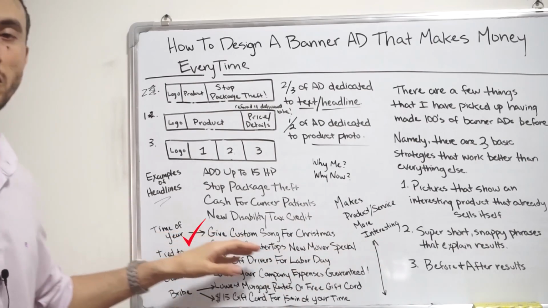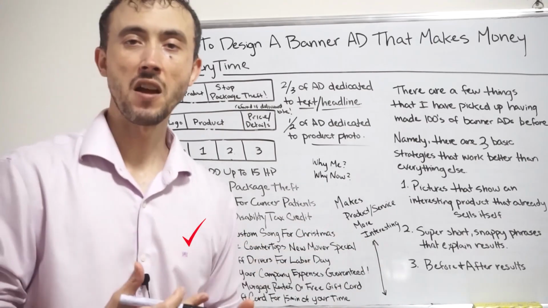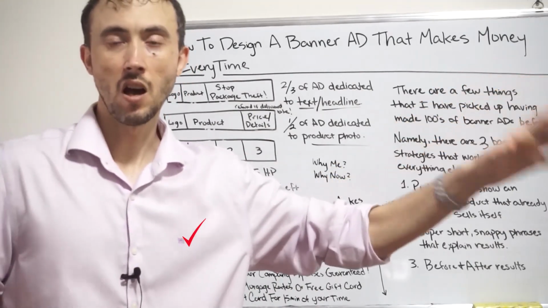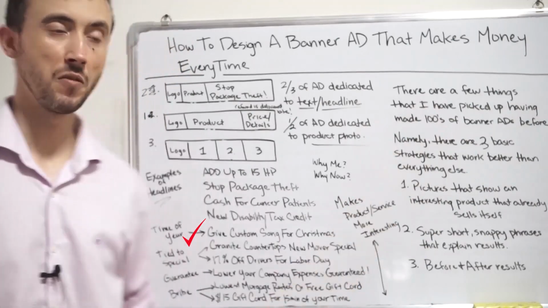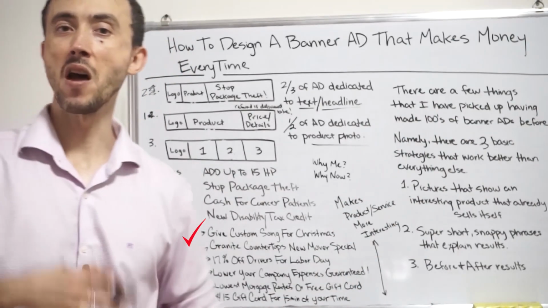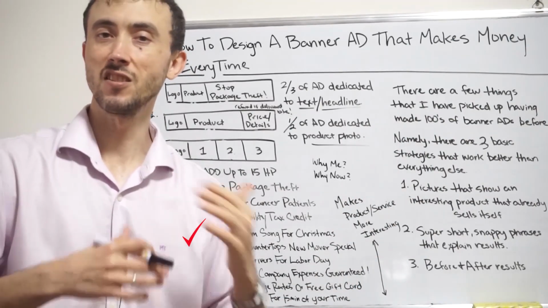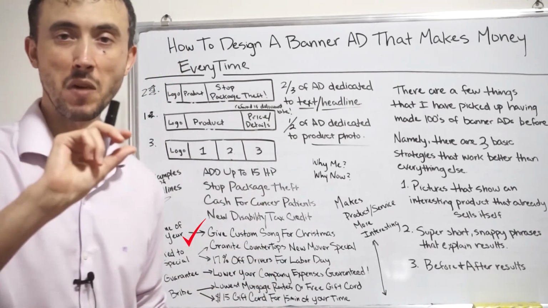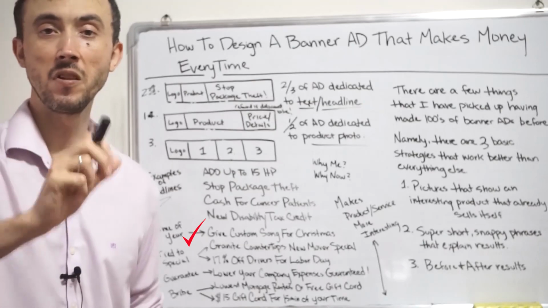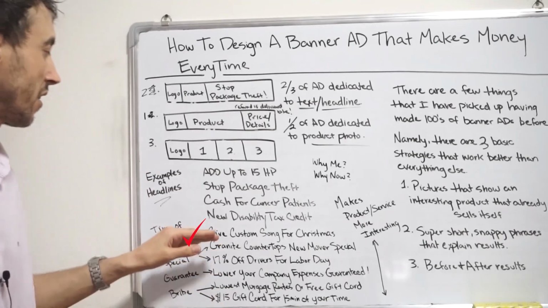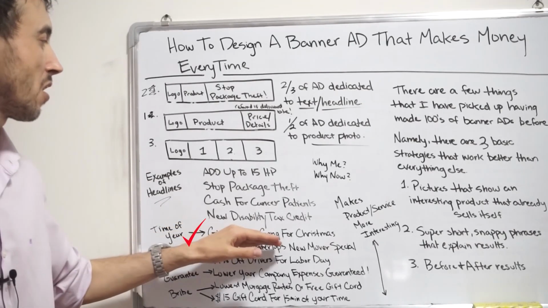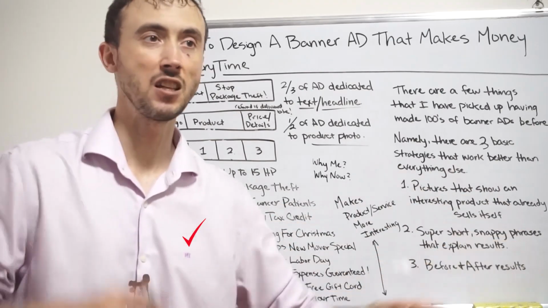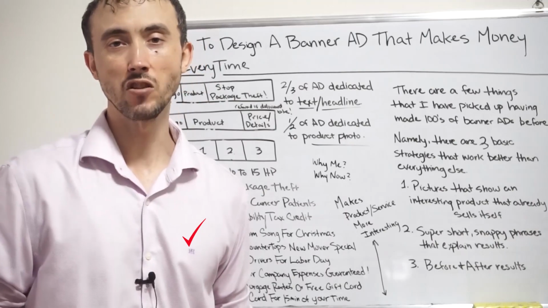So instead of doing a banner ad that says custom songs for sale or custom song service, which, if I'm not in the market for a song, is a little bit meh, we could simply tweak this and make it infinitely more exciting if we say give a custom song for Christmas, indicating I can give this as a Christmas present, and it gets me thinking, oh wow, that is actually a good idea.